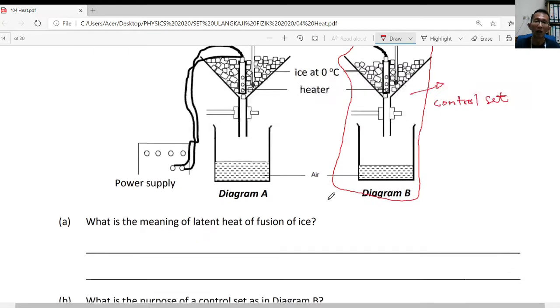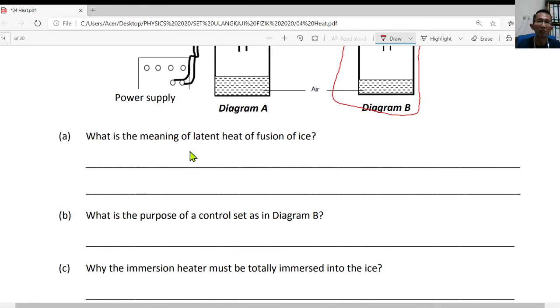Okay, so let's answer the question. What is the meaning of latent heat of fusion of ice? So we write it is the amount of heat needed to change 1 kilogram of ice to water, because we are talking about fusion.